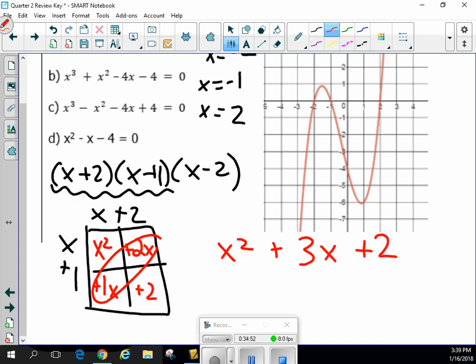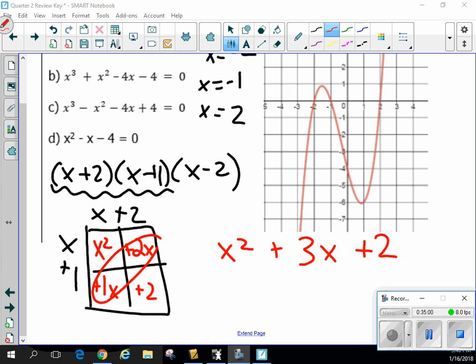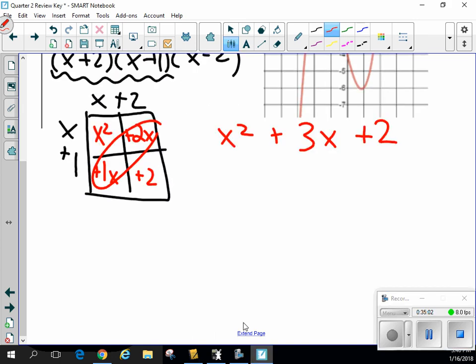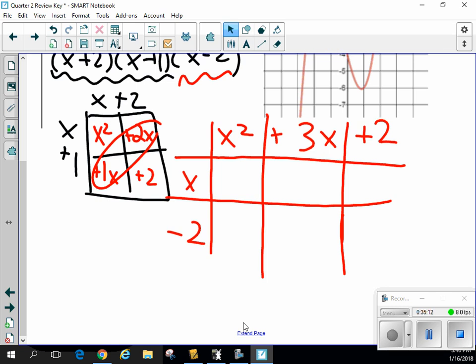And then we have to still multiply that by the x minus 2. Now to save some time, I'm going to keep that and make my box right away. And now on the side is this x minus 2. So now, again, we're going to multiply in here.